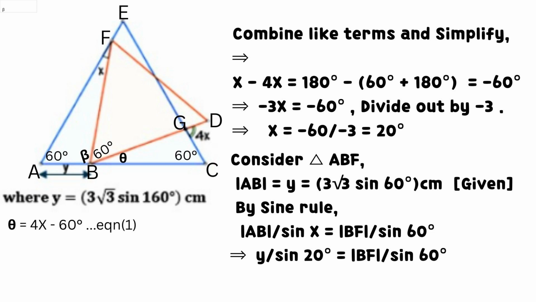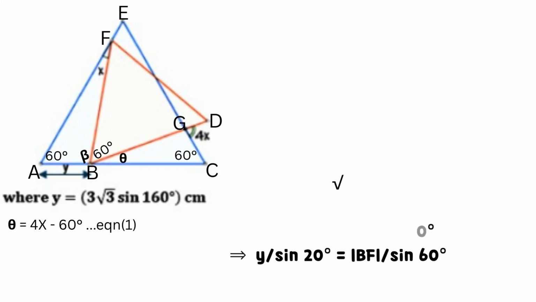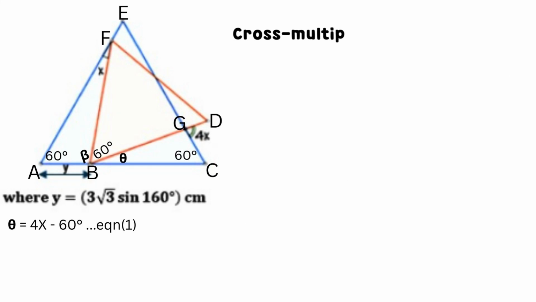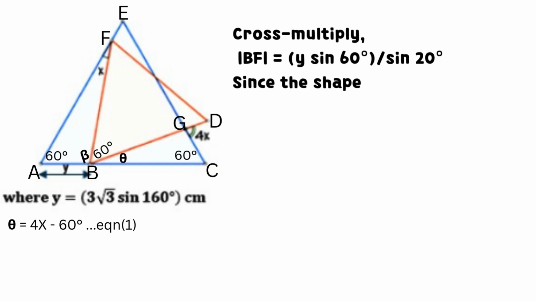This implies that y divided by sine 20 degrees equals BF divided by sine 60 degrees. Cross multiply. BF equals y times sine 60 degrees divided by sine 20 degrees.